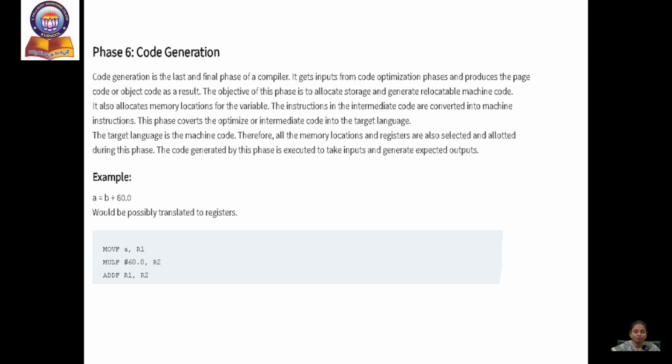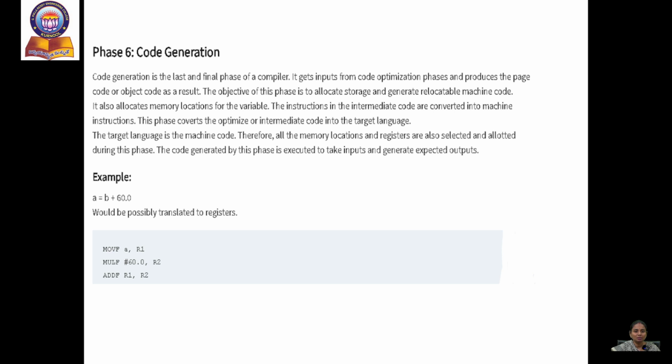Actually it is the format of machine level language. The objective of this phase is to allocate storage and generate relocatable machine code. It also allocates memory locations for the variables. The instructions in the intermediate code are converted into machine instructions. This phase converts the optimized or intermediate code into the target language.